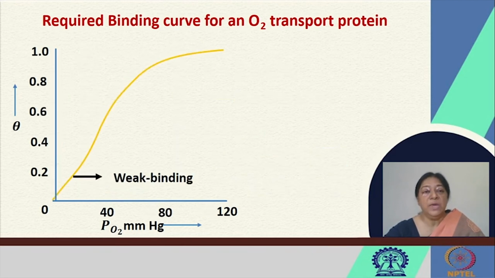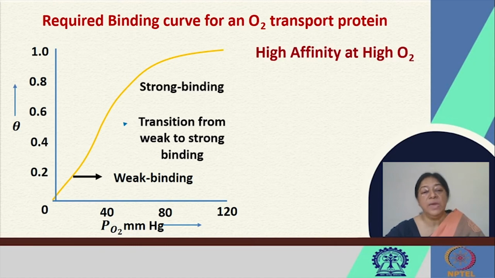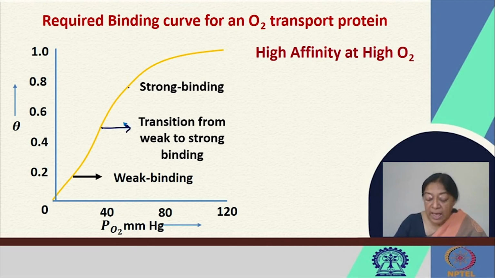So when we're looking at a required binding curve for an oxygen transport protein, we would have relatively weak binding at lower concentrations or lower partial pressure values for oxygen. Then there would be a transition from weak to strong binding as is shown here, and strong binding occurring in this.